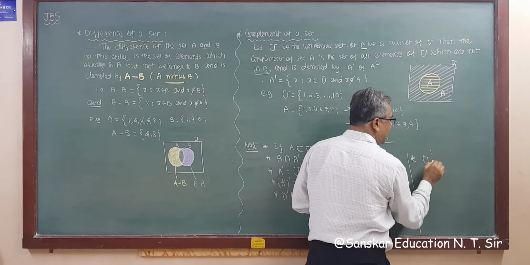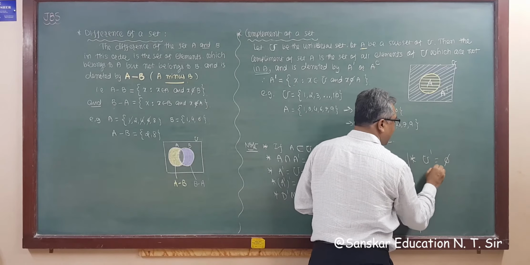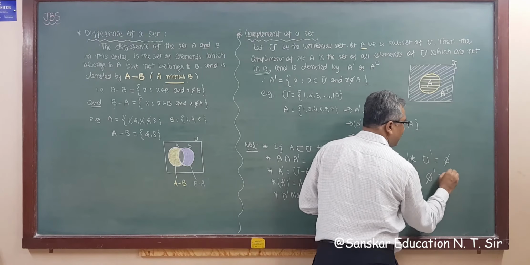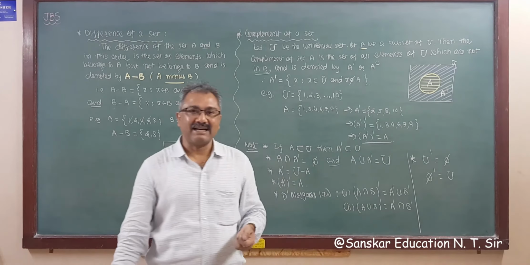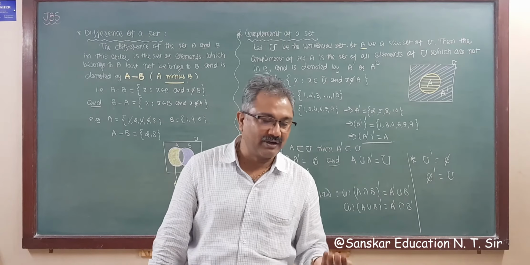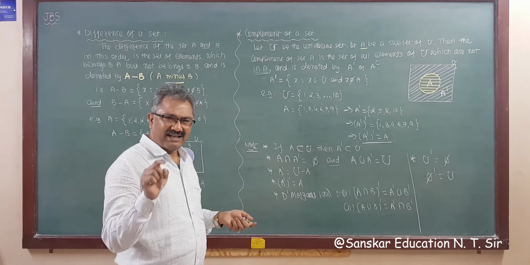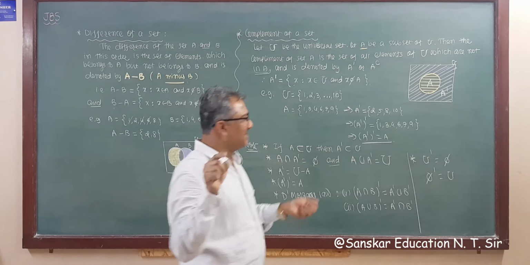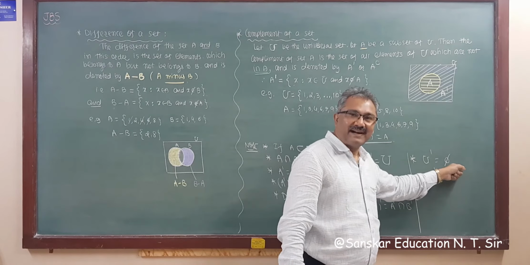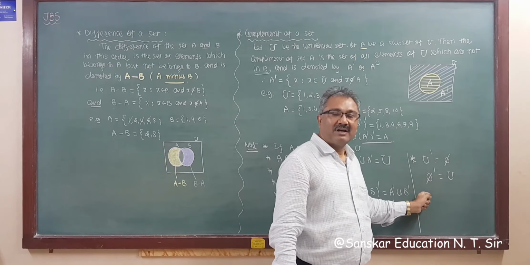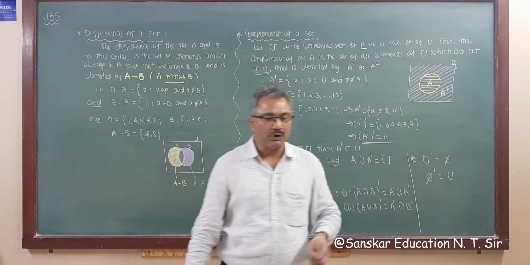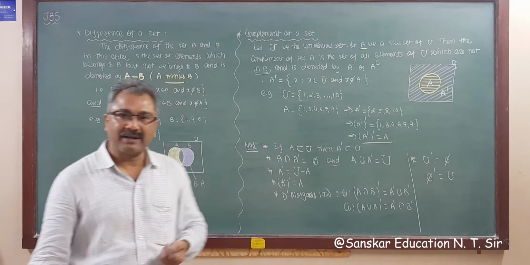So universal set dash is equal to phi and phi dash is U. Complement of a universal set is phi and complement of a null set is a universal set, right?